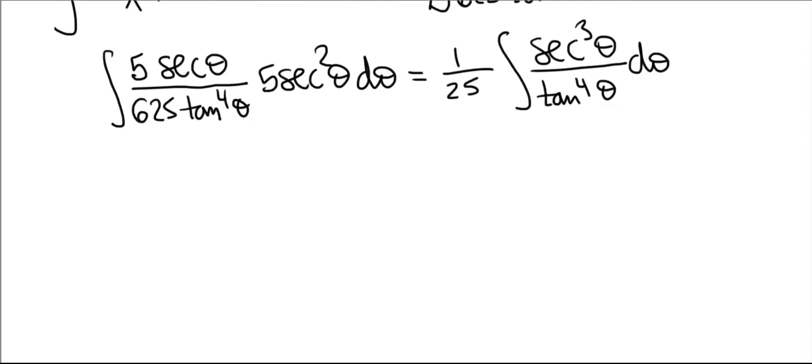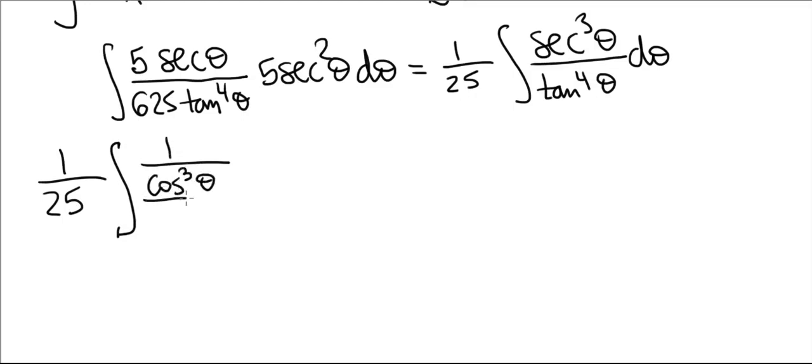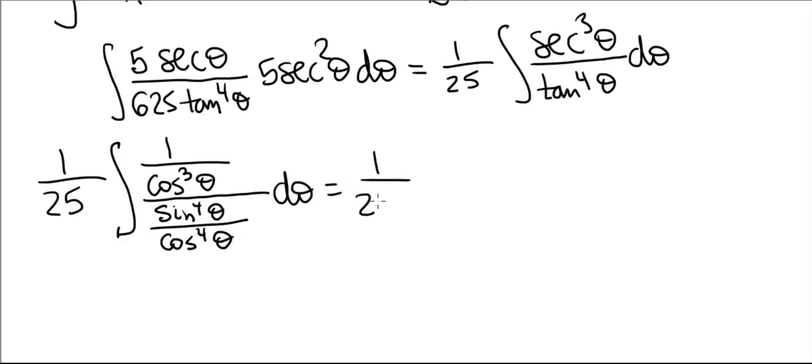This is best integrated by rewriting both secant and tangent in terms of sine and cosine. So secant cubed is 1 divided by cosine cubed of theta. Tangent to the fourth is sine to the fourth of theta over cosine to the fourth of theta. And simplifying this, we have 1 over 25 times the integral of cosine to the fourth theta in the numerator.